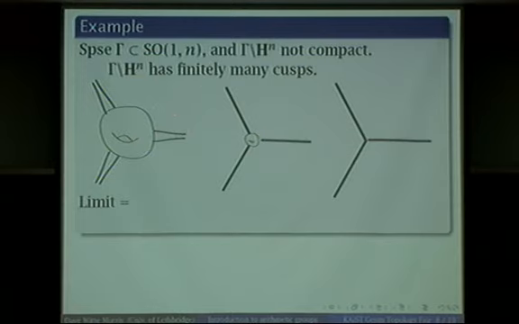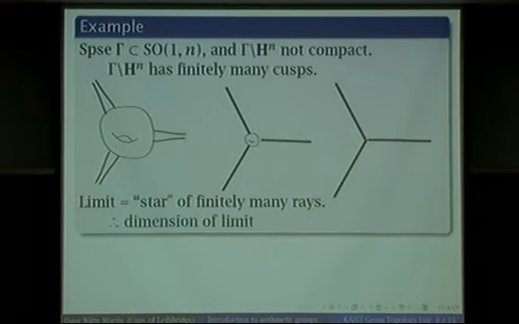They don't disappear, but the core is getting smaller, and in the limit, I can't even see the core anymore. If you go farther and farther away, these cusps go off to infinity. They get thinner and thinner as you get farther away, but they're still infinitely long. So the limit is just, you can call it a star. It's just finitely many rays coming out from a single point.